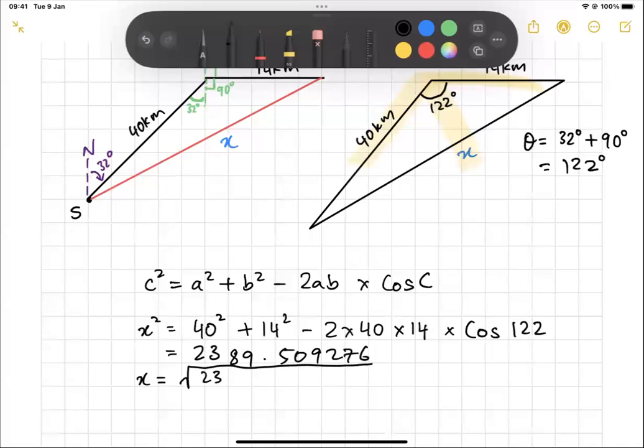Just like so, and if I put that into my calculator, you should get 48.88 kilometers. And that should be it.